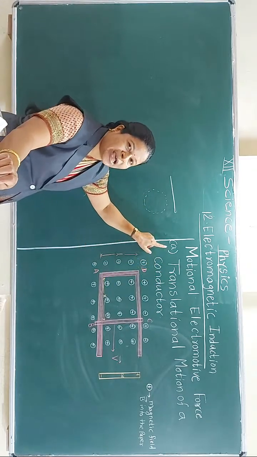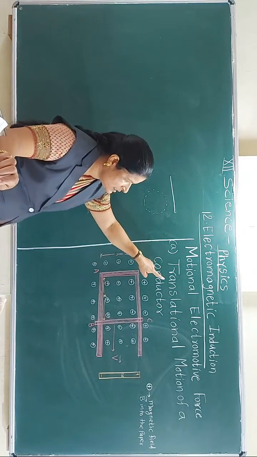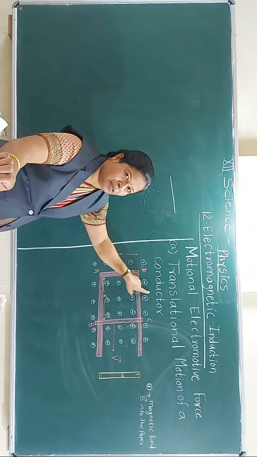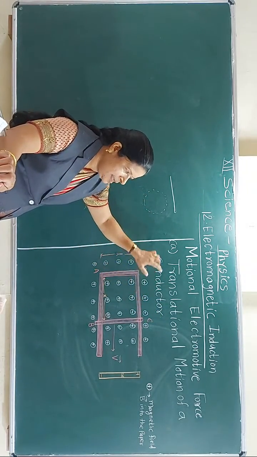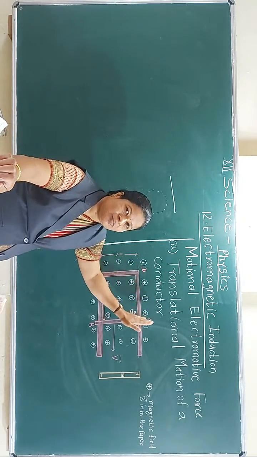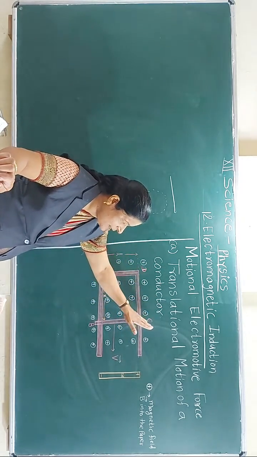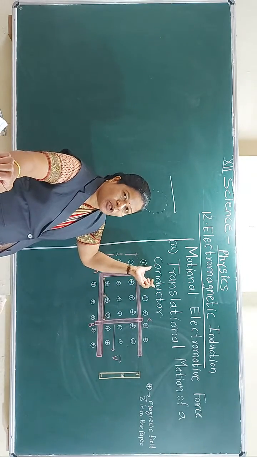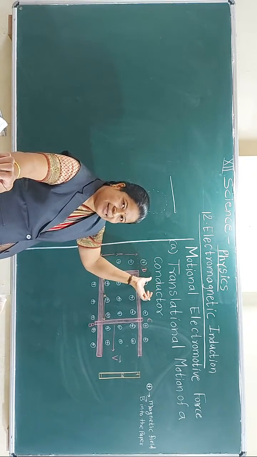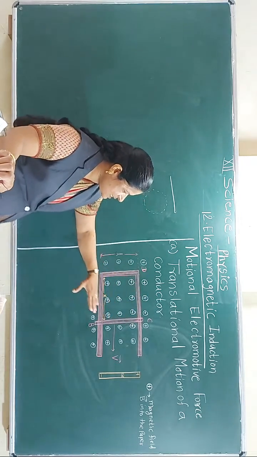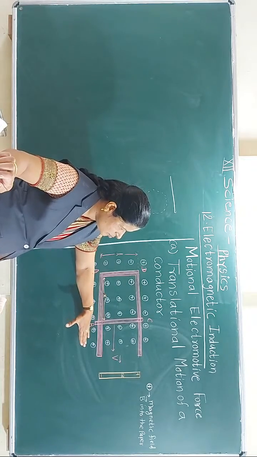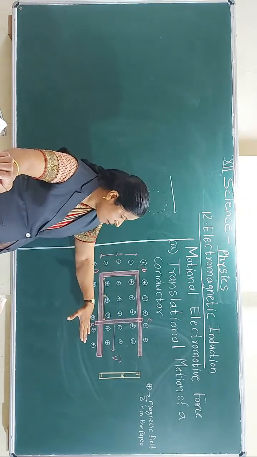First case we are going to study, that is translational motion of a conductor. When the conductor is in translational motion, in that case we have to find out the electromotive force in that conductor. So this is the main setup of translational motion of a conductor.